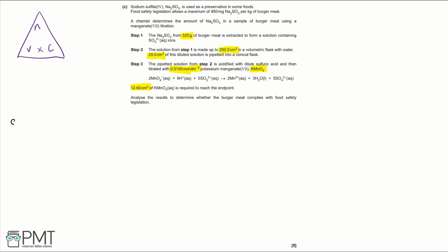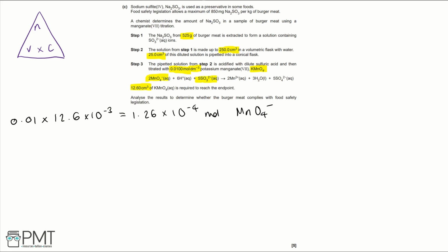So we can work out the moles of the manganate ions. So we can do 0.01, which is its concentration, multiplied by 12.6 times 10 to the -3, because we're converting centimeters cubed into decimeters cubed. And that equals 1.26 times 10 to the -4 moles of MnO4-. Then if we look at the scale factor of the manganate and the sulfite ions, we have a 2:5 ratio.